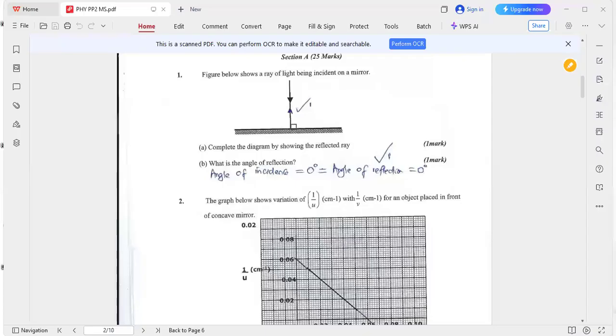So I'm sure you can see the marking scheme. We start with question 1.